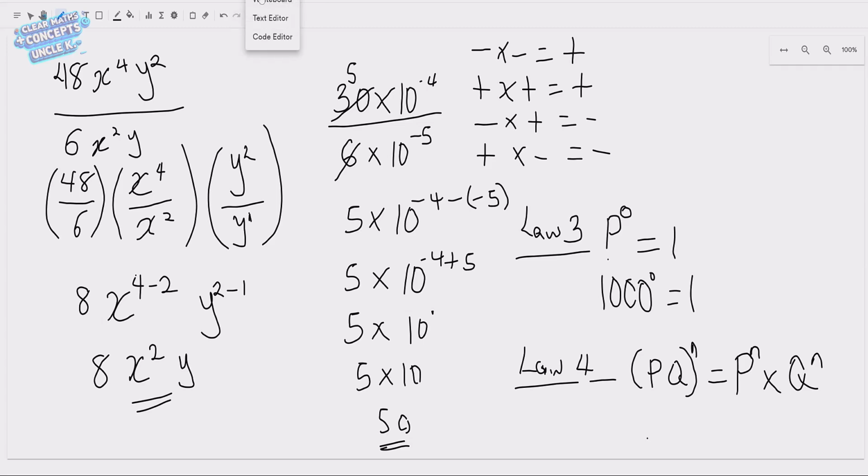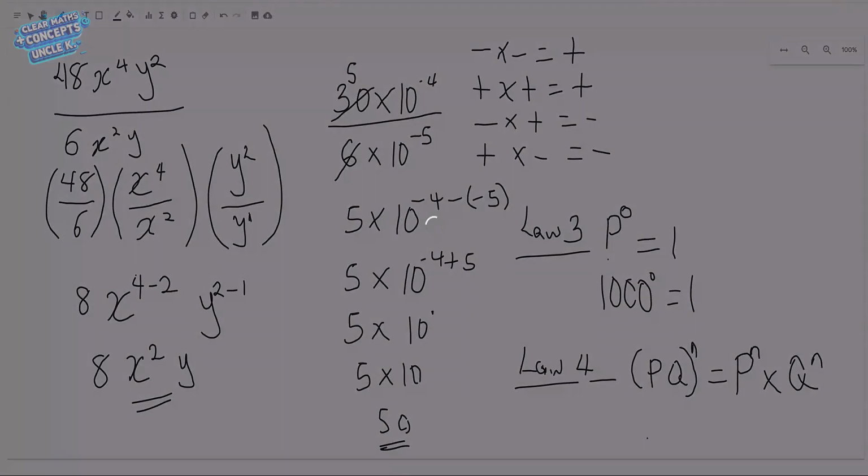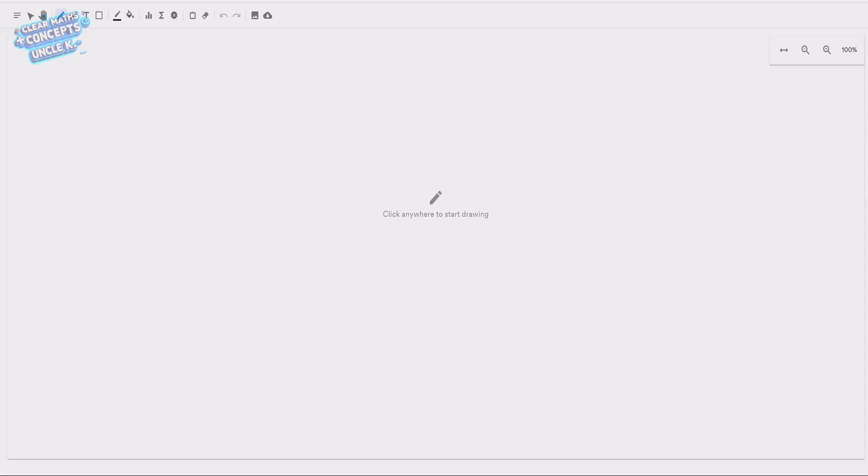Okay, so let's do some examples on that. We have to simplify 4xy squared, all raised to the power 3. What you do here is just open it straight away.